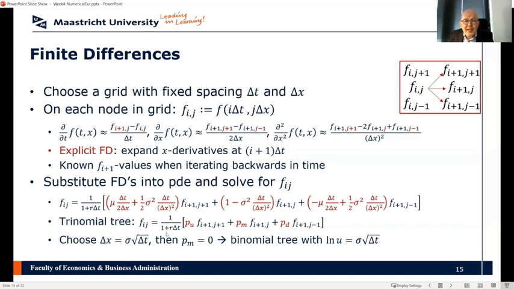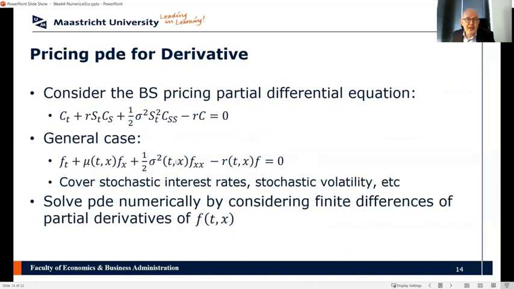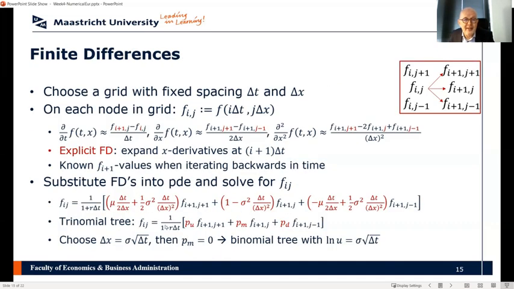And of course, the 1 divided by 1 plus r delta t also may look familiar to you, because this is like the first order Taylor approximation, or the finite difference approximation, of e to the power minus r delta t. So this is a discounting term. So in the trinomial tree, although I did not put anywhere a probabilistic interpretation, I simply substituted this finite difference approximation into this partial differential equation and collected terms together.